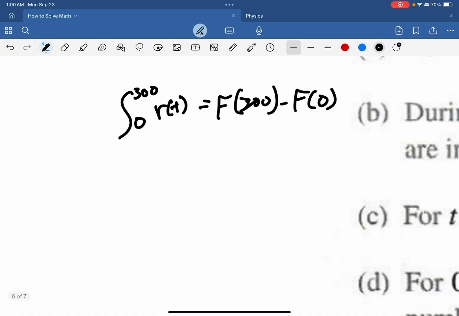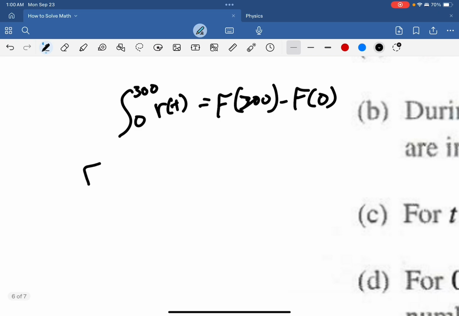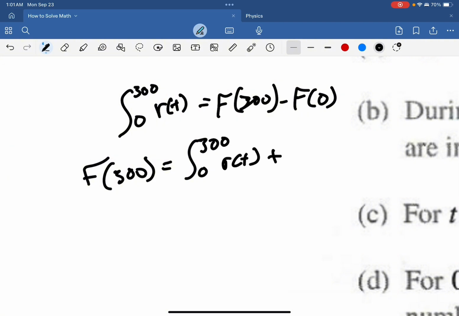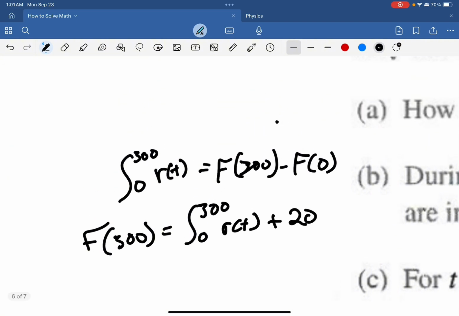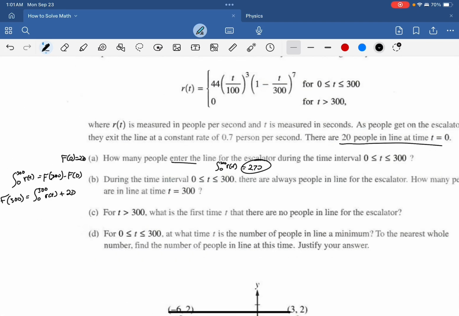So let me just rewrite this, because we want to find at time equals 300. We're going to rewrite this as f of 300 is equal to the integral of 0 to 300 of r of t plus 20, because we know that f of 0 is equal to 20 thanks to this little piece of the question right here.